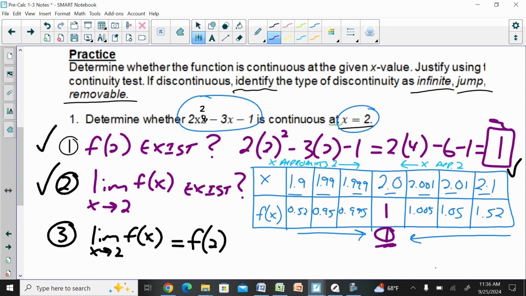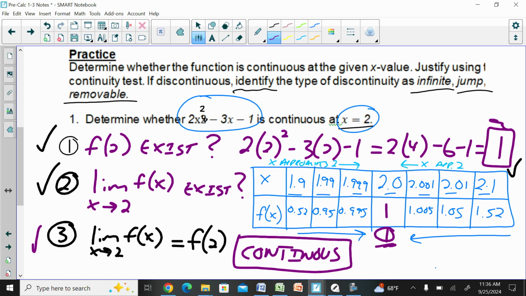That checks that box as well, so we know that it is continuous. All right, that is how we do it. Yes, there's 3 steps to it, and there are a lot of easy calculations when we get it from the table. All right, let's check this next one.